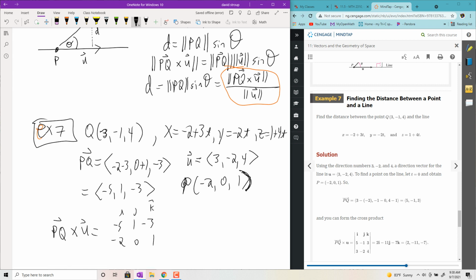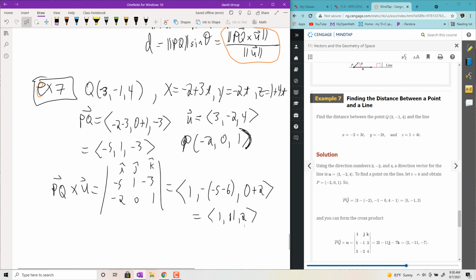IJK. So I get 1 minus 0, and then -5 minus 6, and then finally 0 minus -2. So 0 plus 2 is 1, 11, and then 2.